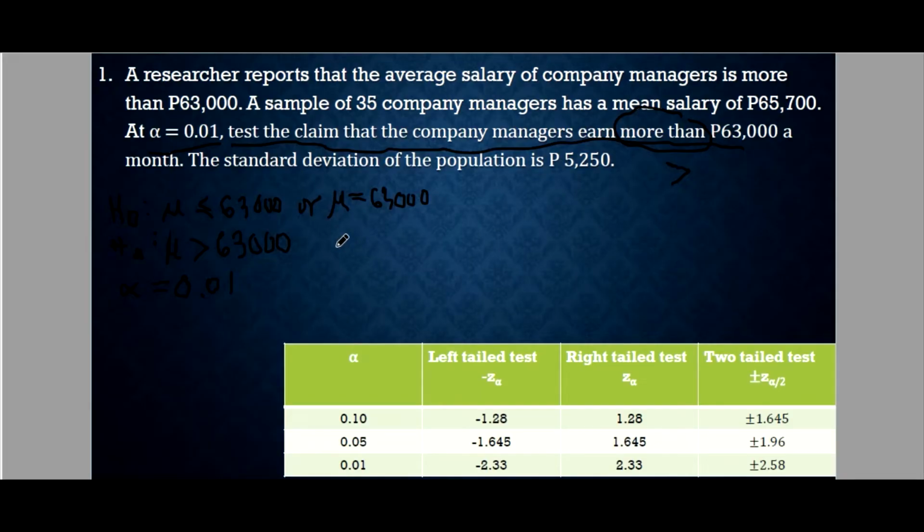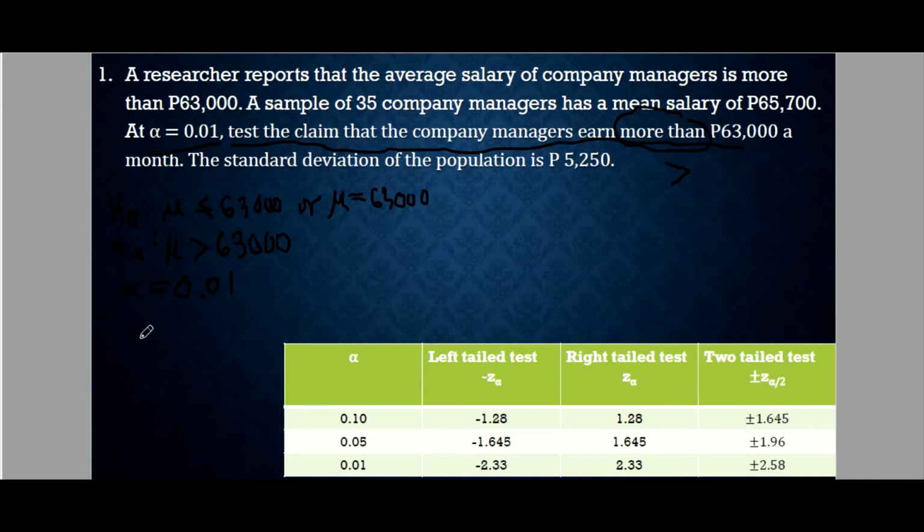Next, we need to know whether this is a T or a Z distribution. Take note that in order for us to know if it's a T or a Z distribution, we only need to know if n is greater than or equal to 30, or the population standard deviation is given, for us to know that it is a Z test. Otherwise, it is a T test.